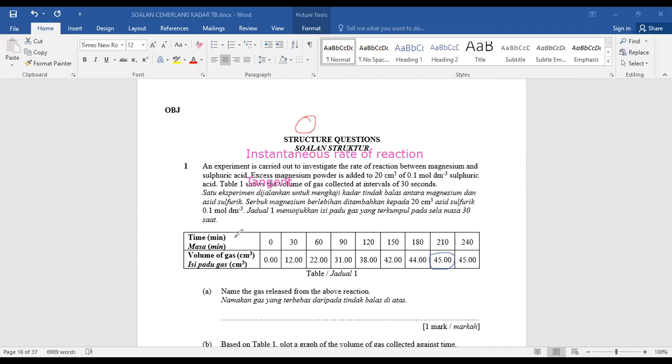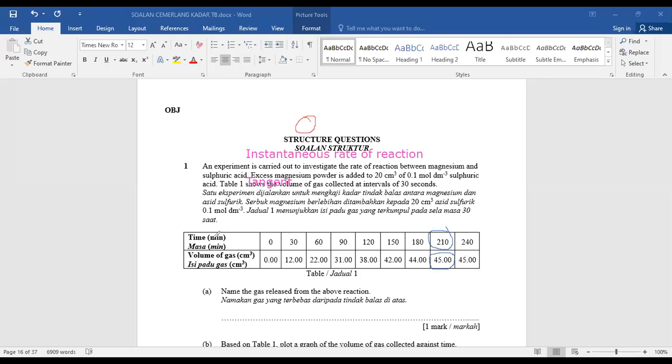Okay, the time reached for 45 is 210. Therefore, the overall rate of reaction will be the volume divided by time. I'm sorry, this should be minute, and everyone, please change for me.